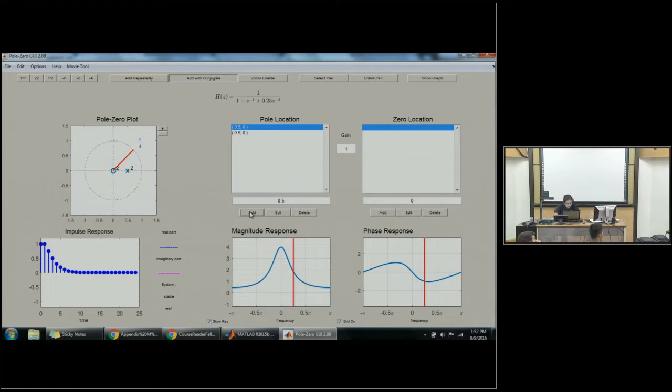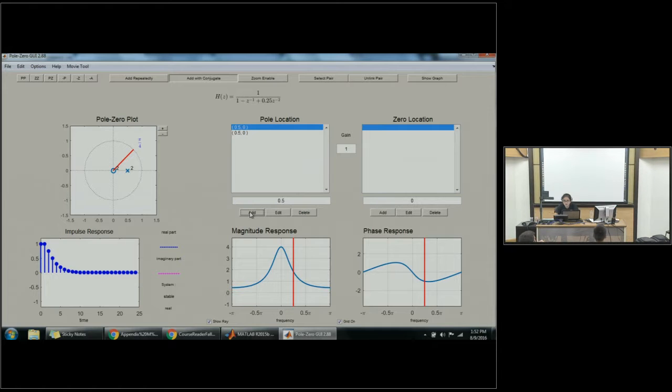Now, I have a pole at 0.5 and a zero at 0. Okay. So, my pole has a tendency of passing frequencies of 0 hertz. That is DC. Okay, so this is DC. But it only passes frequency 0, like no frequency at all. DC signals. Right?